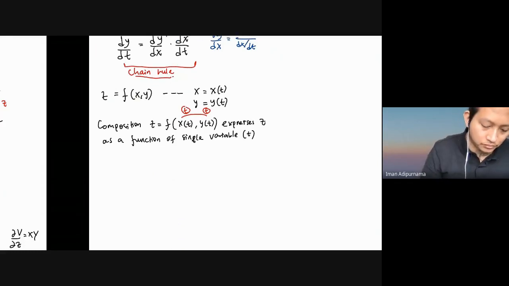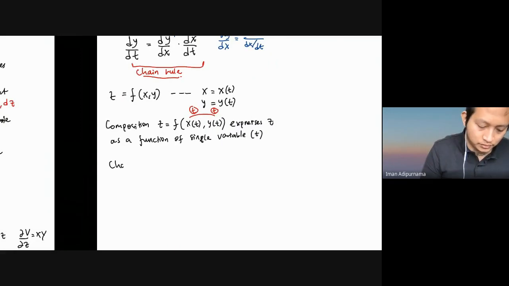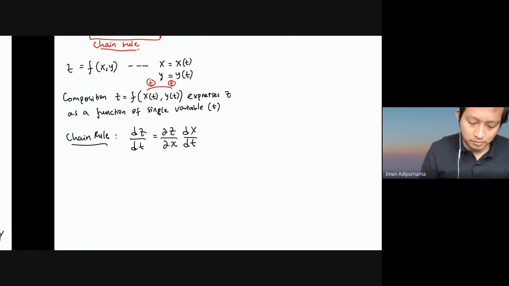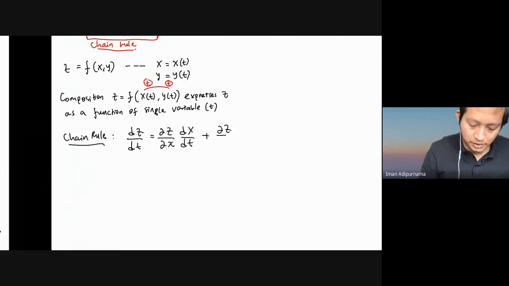Now, let me write the chain rule. So we can write dz over dt, and then partial z over partial x, and then dx over dt plus partial z over partial y and dy over dt.